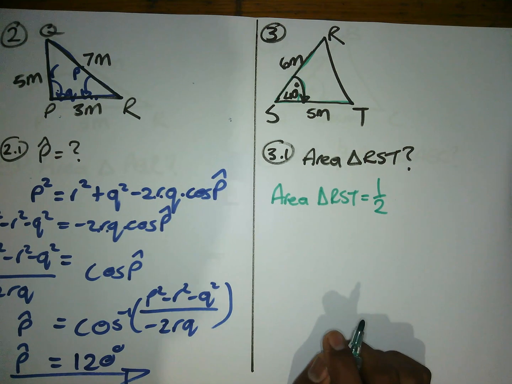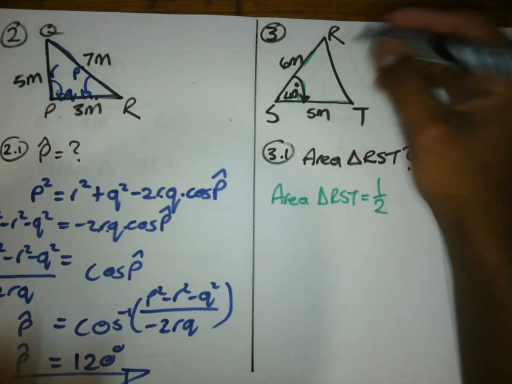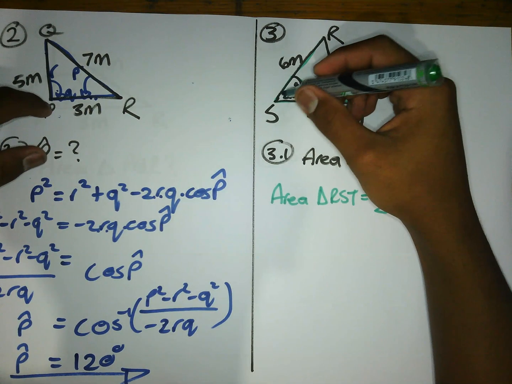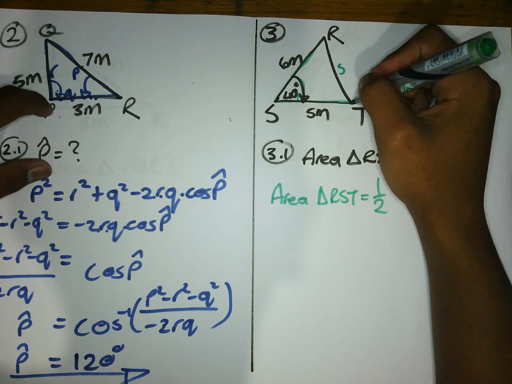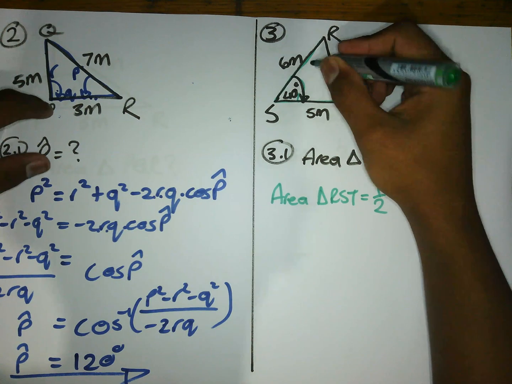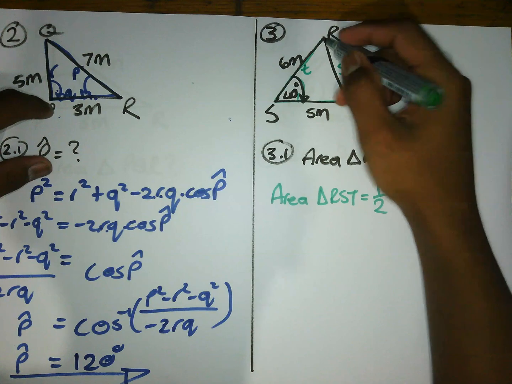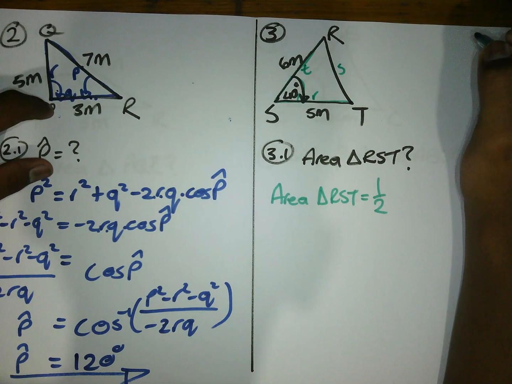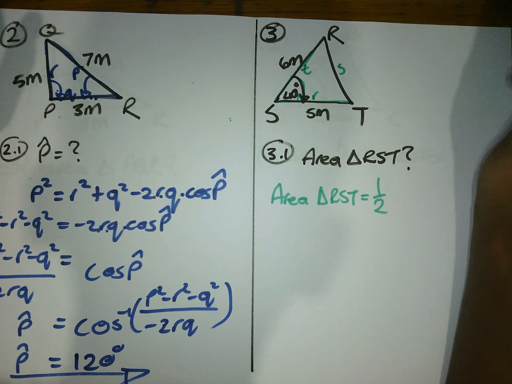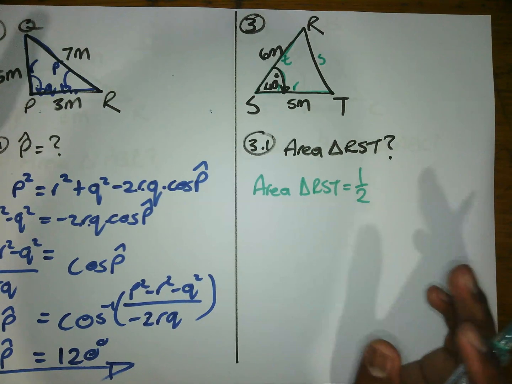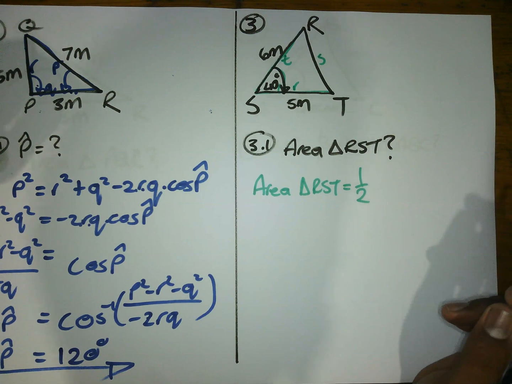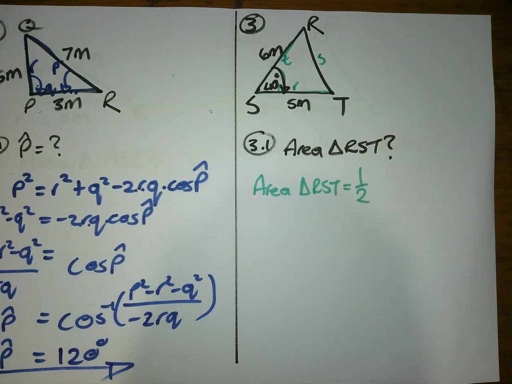Half times, firstly I need to get my letters: capital S, small s, opposite angle T is my small t, opposite angle R is my small r. I need a side angle side for the area formula and the cosine rule. That is why they are put together, because you need a side angle side for the cosine rule and the area rule.